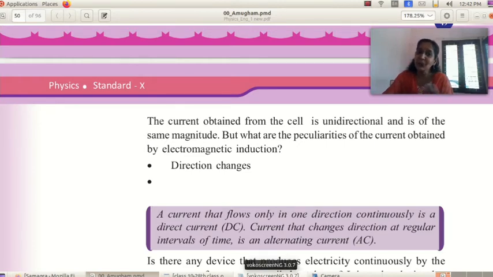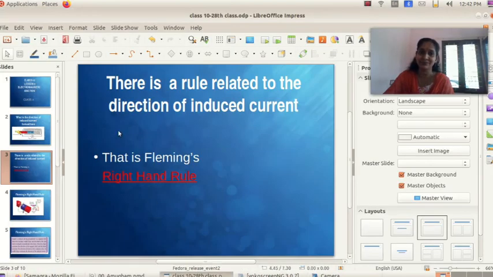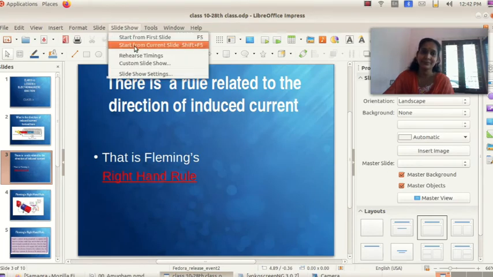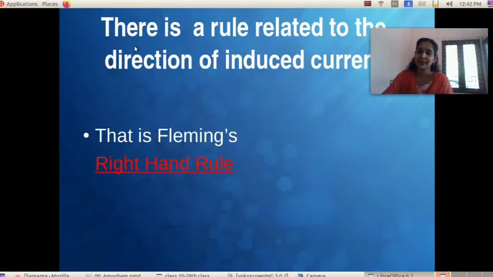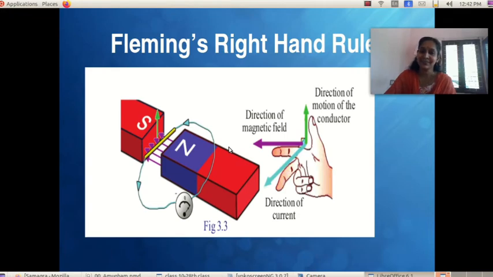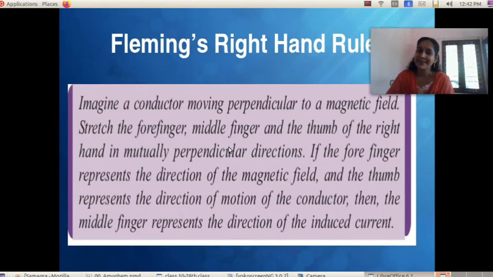We can conclude what we studied today. The rule related to the direction of induced current is Fleming's right hand rule. Imagine a conductor moving perpendicular to a magnetic field.